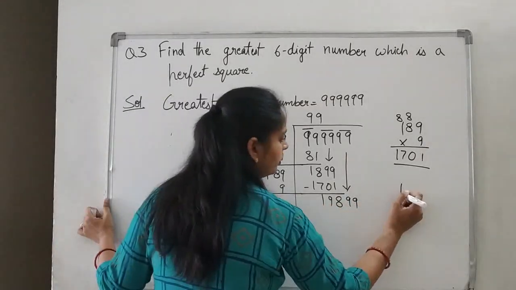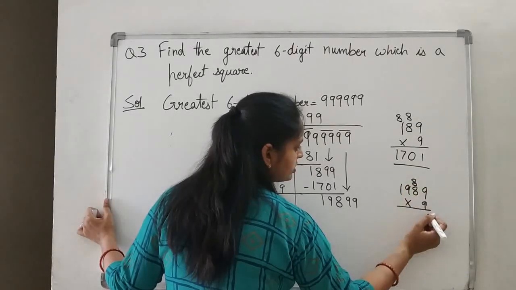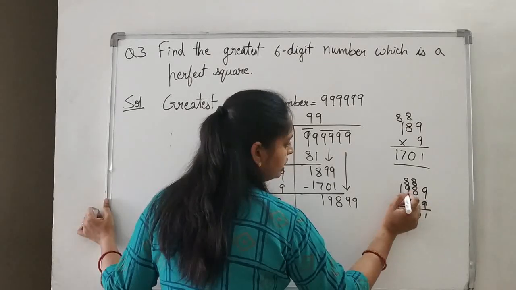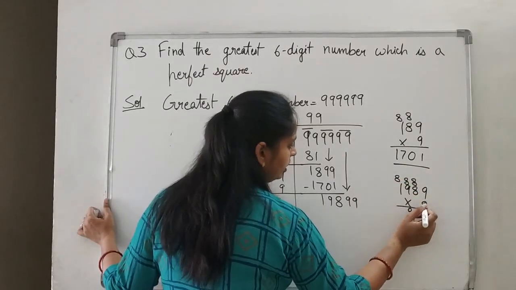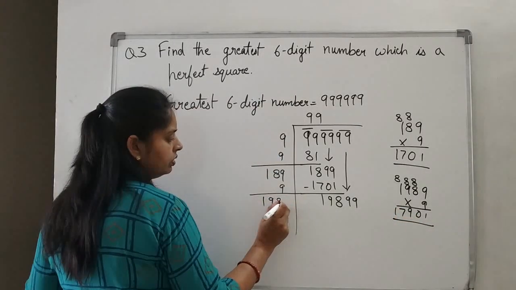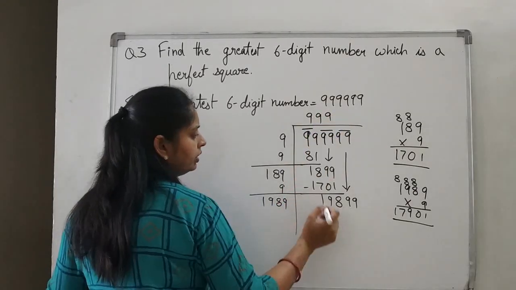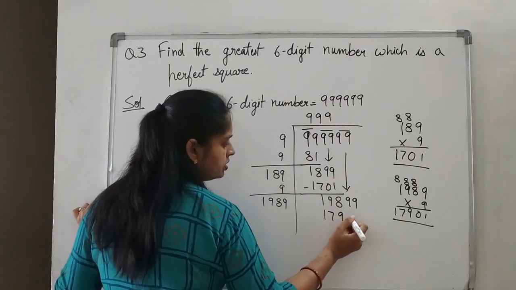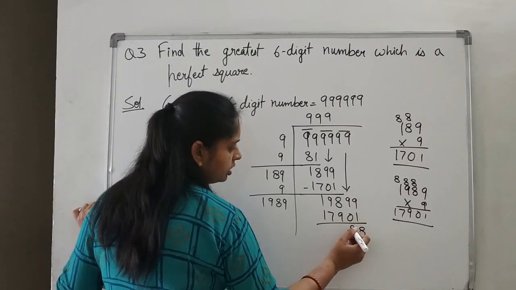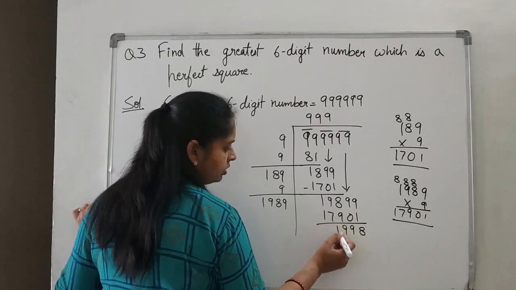So again check for 1989 times 9, which will give you 17901. 9 minus 1, 8, 9, 18 minus 9, 9, 8 minus 7, 1.